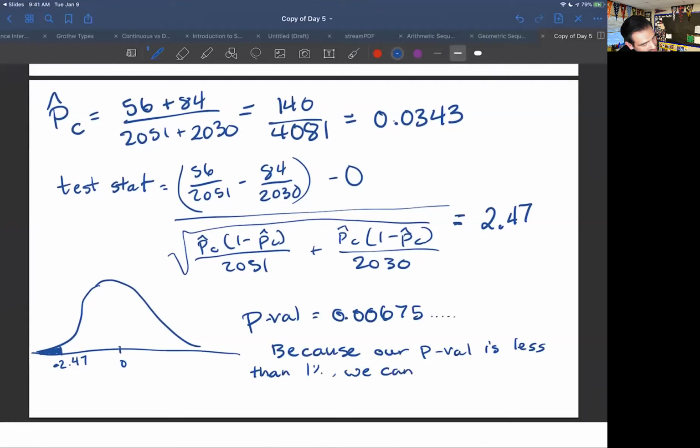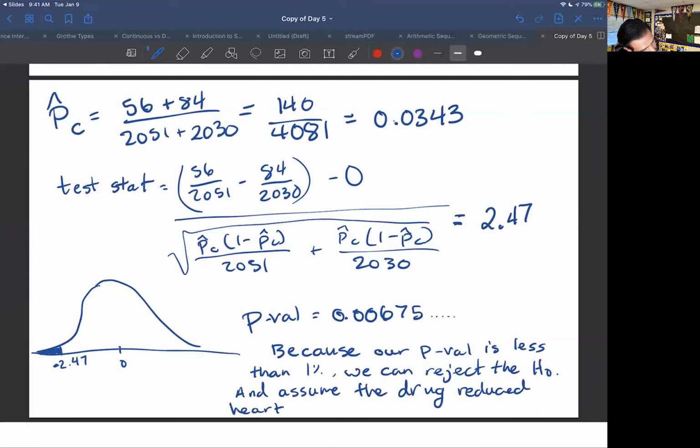We can reject the null hypothesis and assume the drug, the pharmaceutical, reduced heart attacks in, remember, the population, middle-aged men. And we're done.